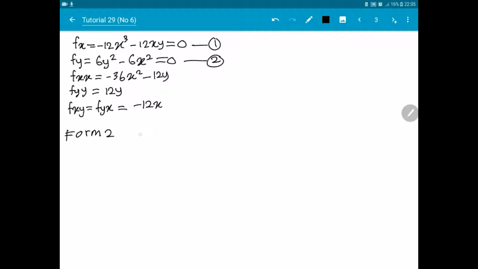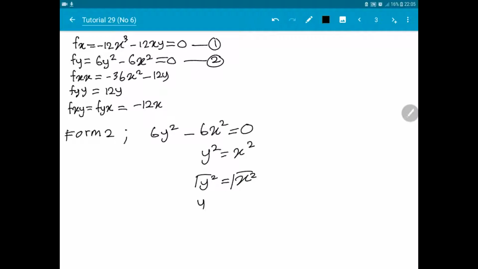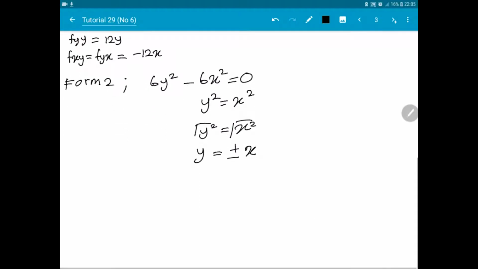So from 2, 6y squared minus 6x squared equal to 0. We will get y equal to x and negative x.